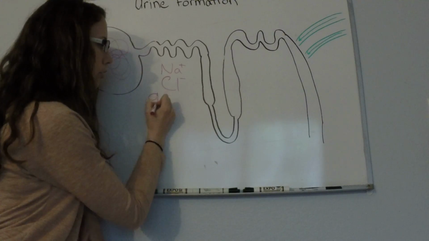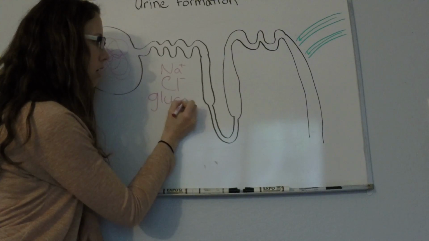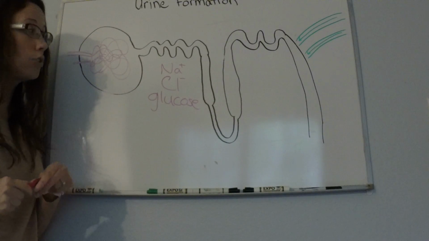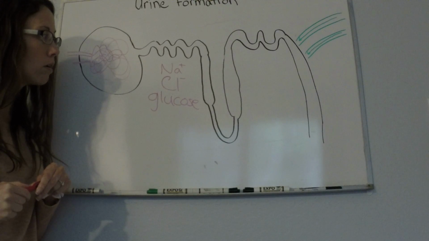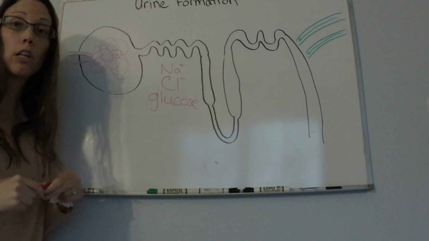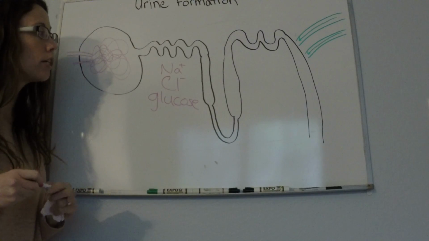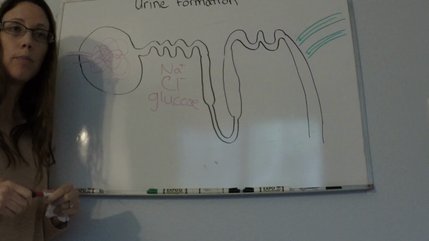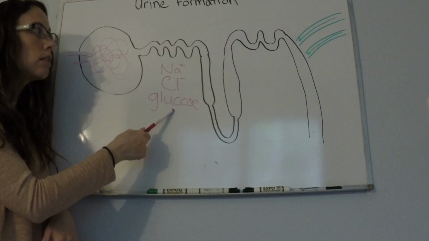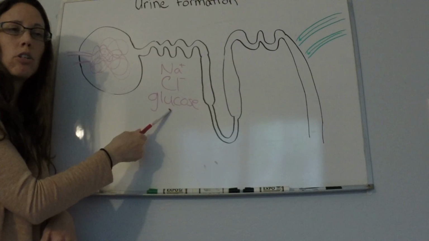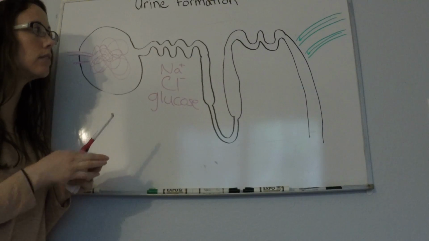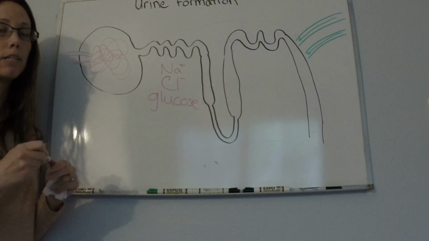Glucose is another one that also piggybacks onto the sodium to return to the blood. We also have water, lots of water. The water is going through osmosis. It's following its concentration gradient. So all of these leaving the filtrate creates a concentration gradient that the water wants to follow. And so it leaves the PCT and re-enters the blood as well.